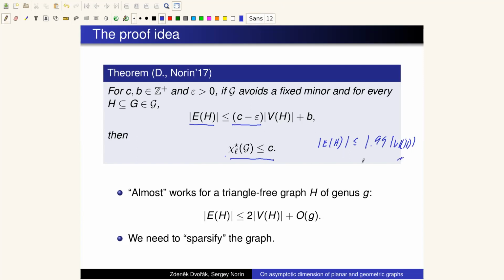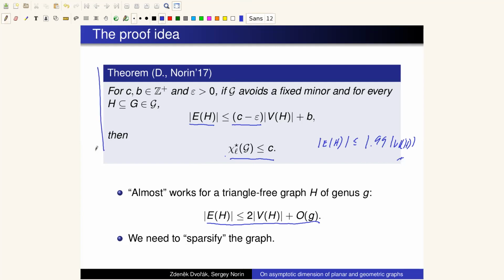It would imply that we get a clustered coloring using 2 colors, but it's not the case. If you take planar triangle-free graphs, the best you can get in general is that they have at most twice n edges. But this is very close. If we can make them a little bit sparser, this theorem will apply.